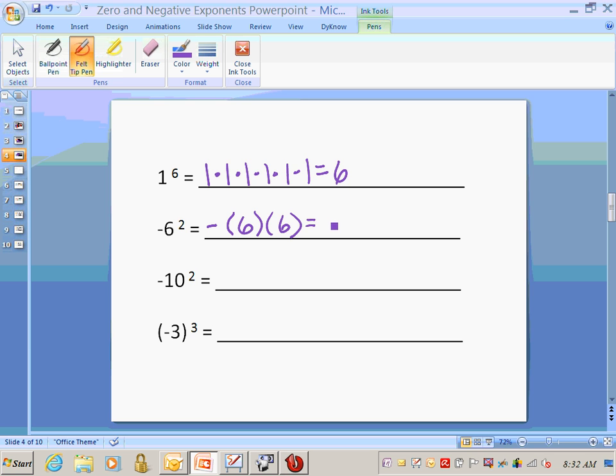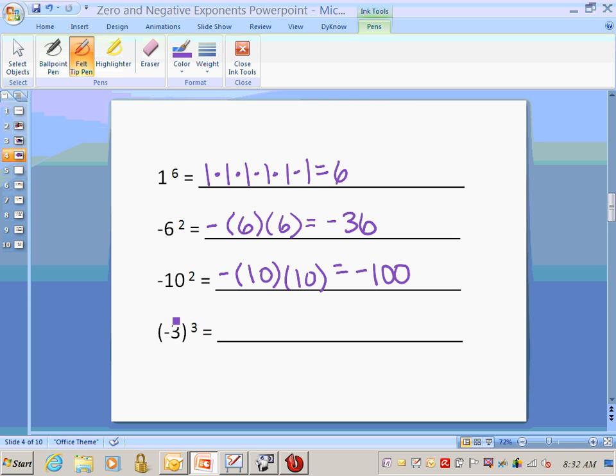Okay, so this is going to be a negative 36. Is the negative included here with the 10? No, so it's negative 10 times 10, which will give us negative 100.